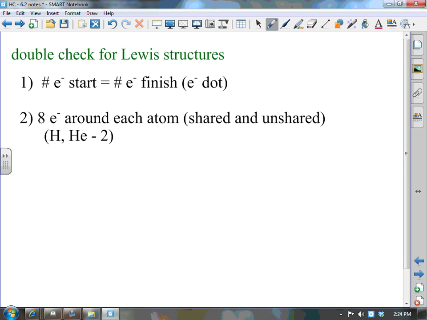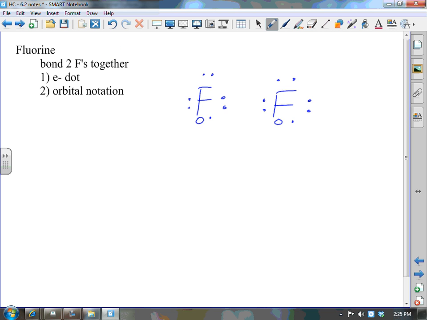So, draw the electron dots, draw the arrows for the orbital notation, and we can start to figure out how atoms are actually going to bond together. And we got a couple ways to double check to make sure what we got is right. So, let's start off here with something simple. 2 fluorine atoms. Let's say we actually wanted to bond 2 fluorine atoms together. The first thing we're going to do is draw their electron dots and see how they bond together.